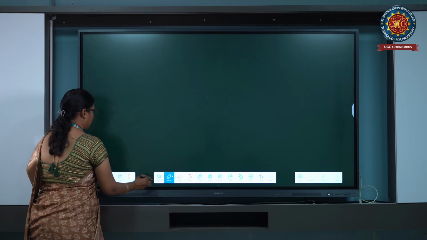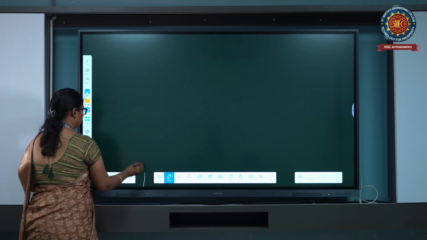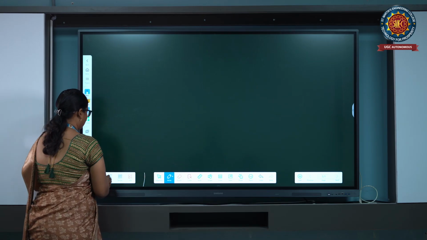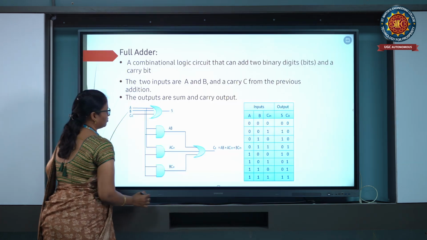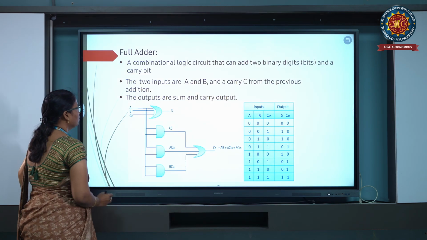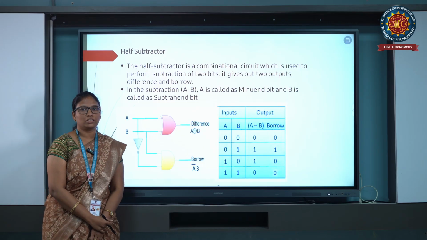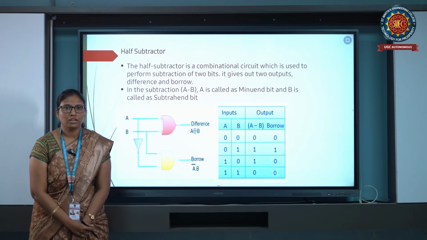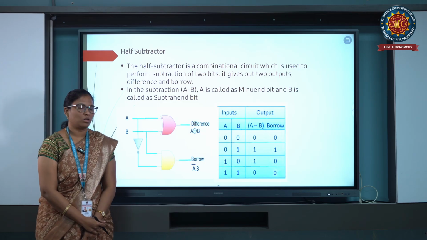Going to the half subtractor, these circuits are designed to subtract two binary digits. The outputs we get are difference and borrow.